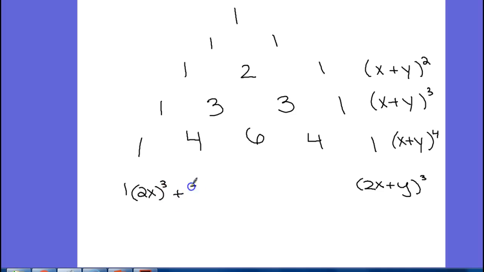And then the middle term is 3, it would be 2x squared y. So like this whole term would be squared. And then the next one would be 3, and it would be 2x y squared, and then it would be 1y cubed. So the Pascal numbers stay, and then the terms decrease.